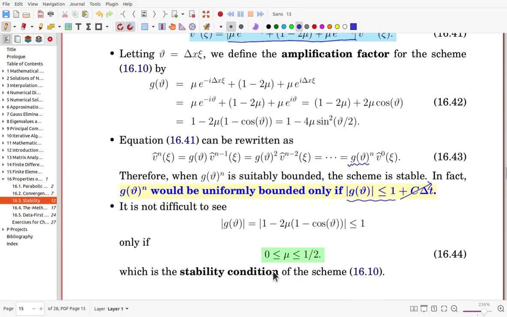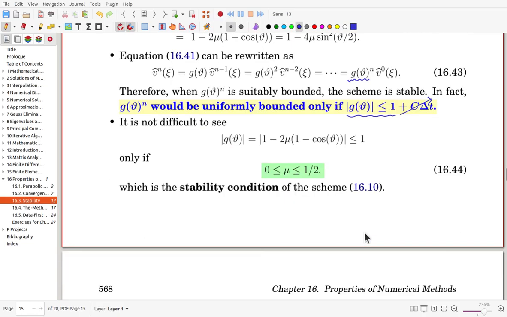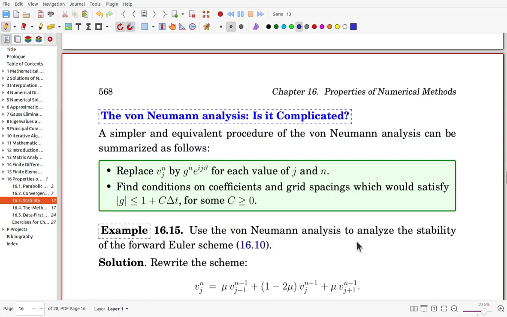And already we know that for the Forward-Euler method, this is the stability condition. By using the Fourier transform and von Neumann analysis, we reach the same conclusion, right? We derived the von Neumann analysis and tried to prove the Forward-Euler method is stable when mu is bounded by half, but it is a little bit complicated.